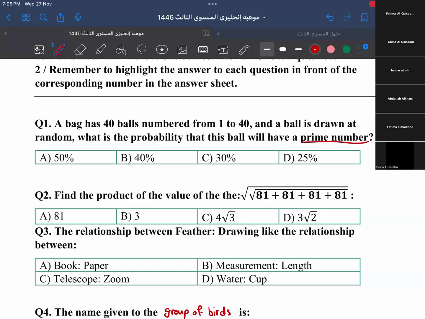Yes, exactly. So, did you see how many prime numbers there are between 1 and 40? There are 15.